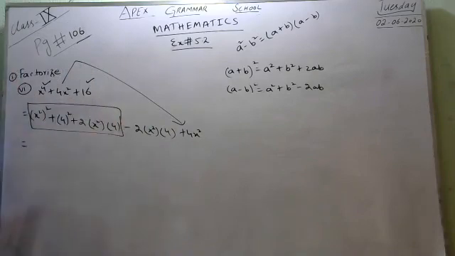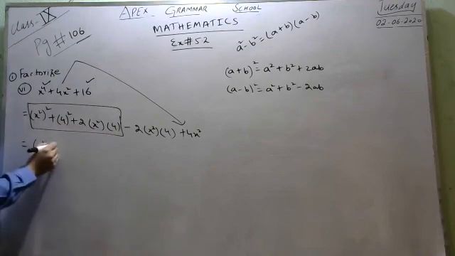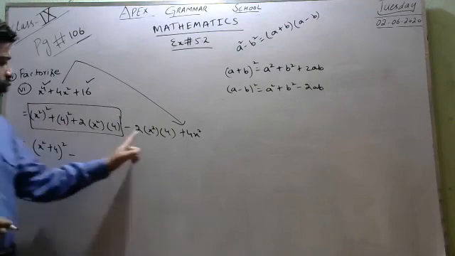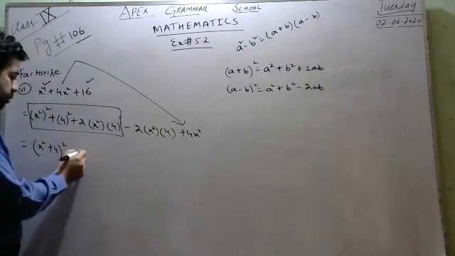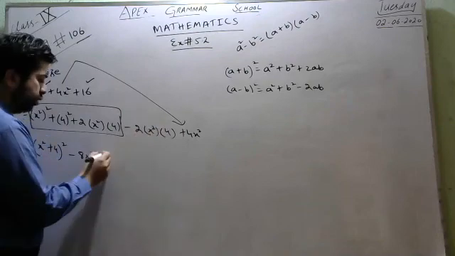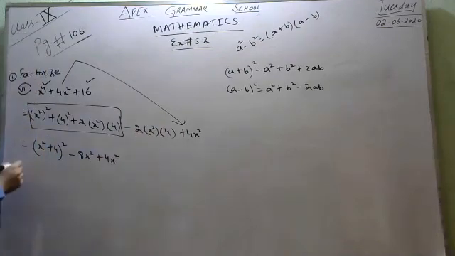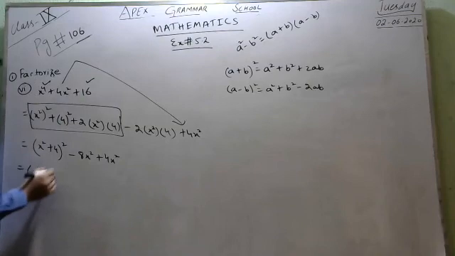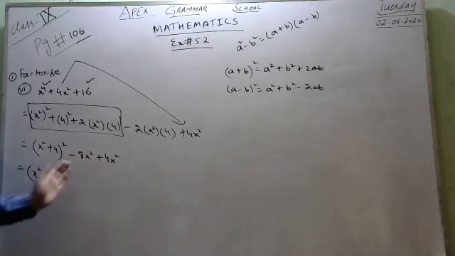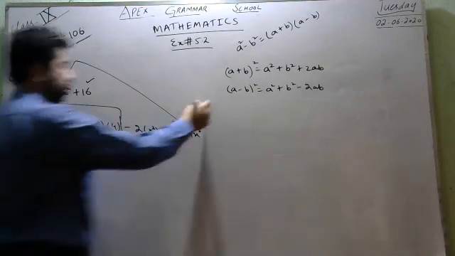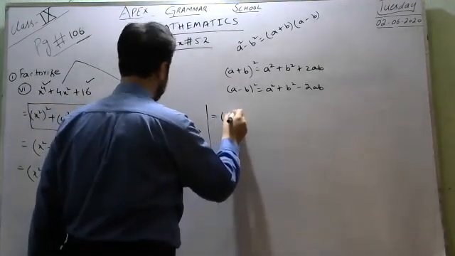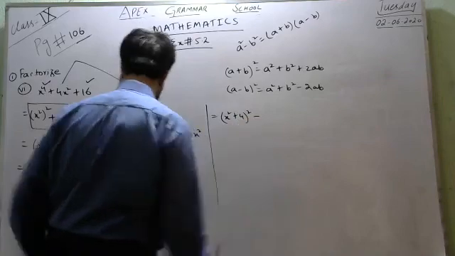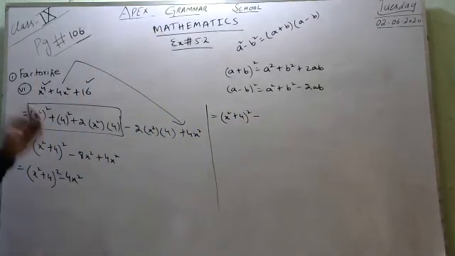Now this will be the formula of a² + b² + 2ab. So we write (x² + 4)² − 2 fours are 8x² and then plus 4x². Now (x² + 4)² − 8x² + 4x², you can subtract them: minus 8 plus 4 means minus 4x². Now (x² + 4)² − 4x² means (2x)².